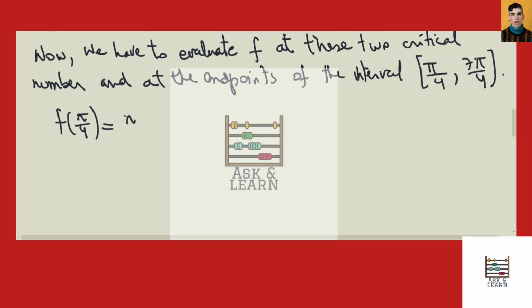So by definition it is pi fourth plus cotangent of pi fourth over 2, that is pi eighth.